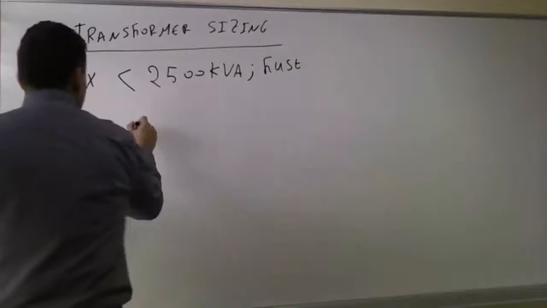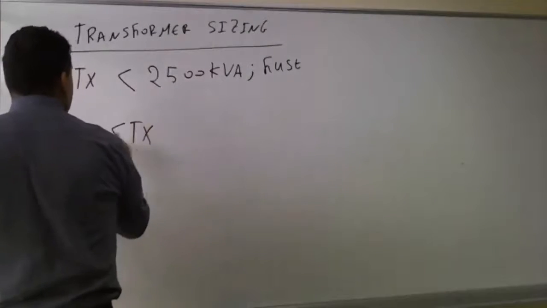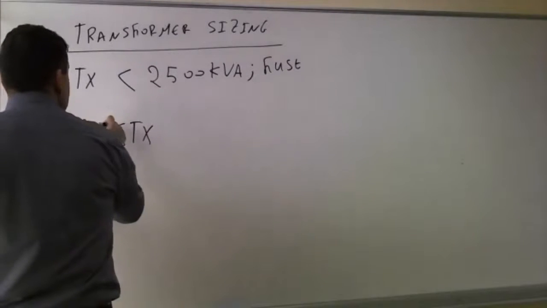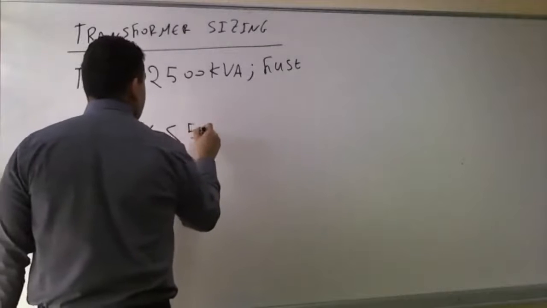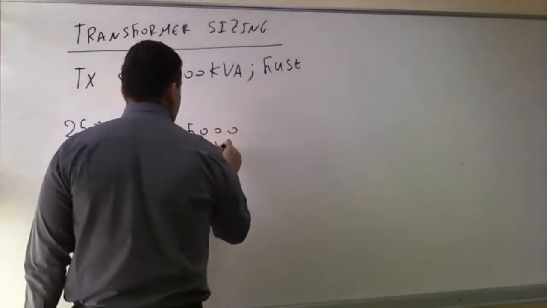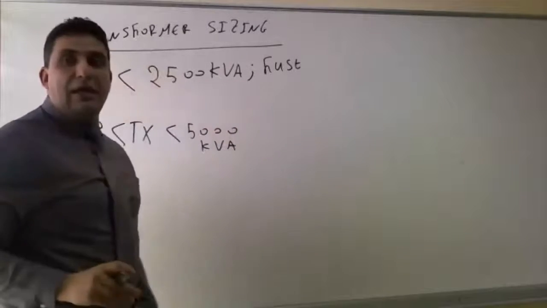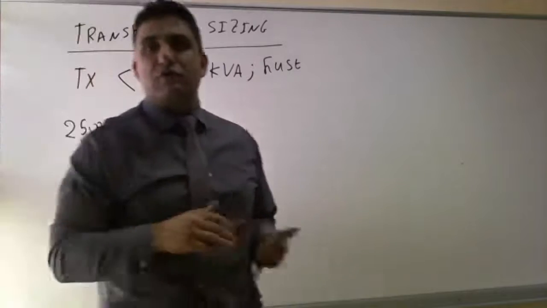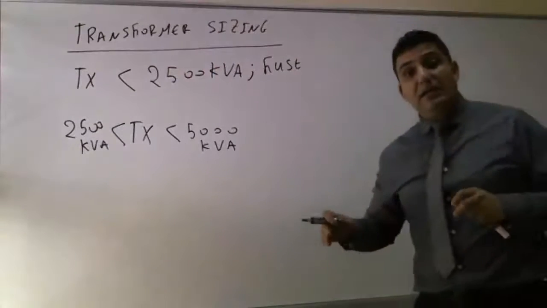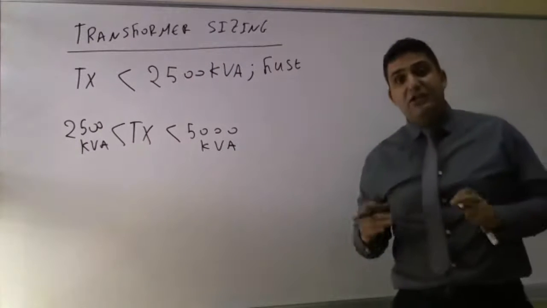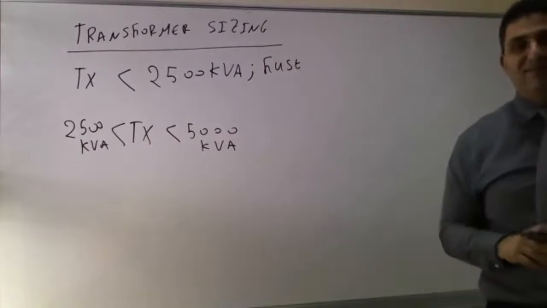If the transformer capacity is between 2500 kVA and 5000 kVA, in this case, we will use fuse, and also we can use instantaneous and time delay overcurrent relay.